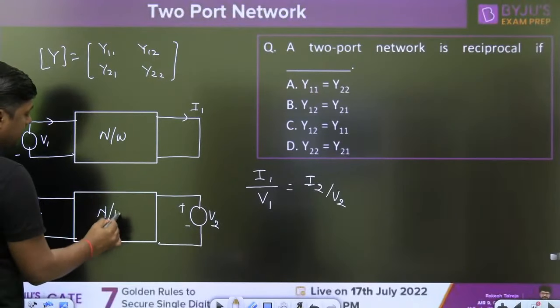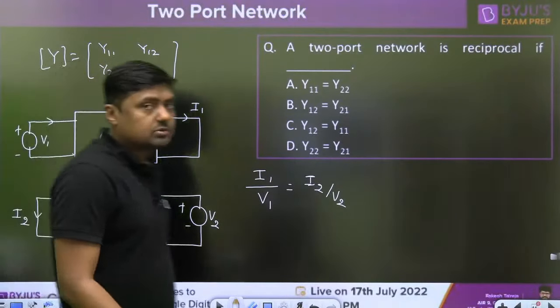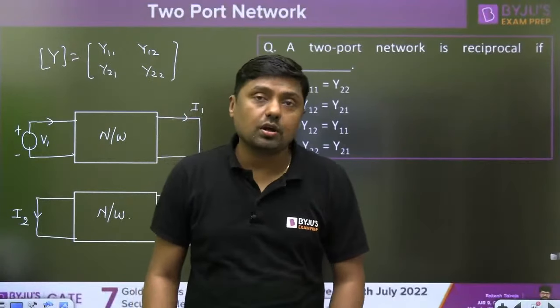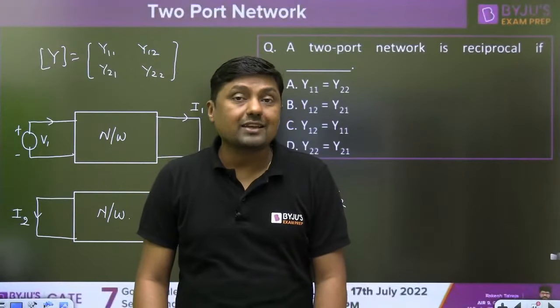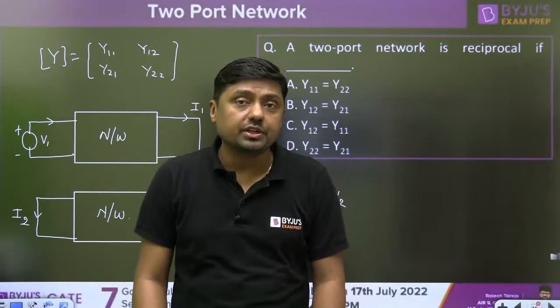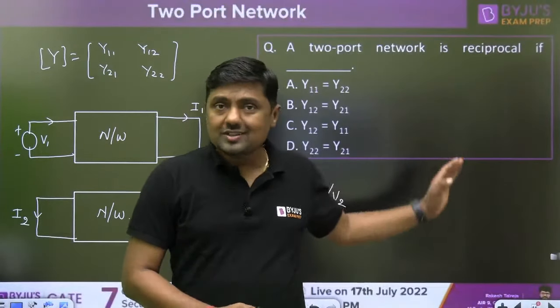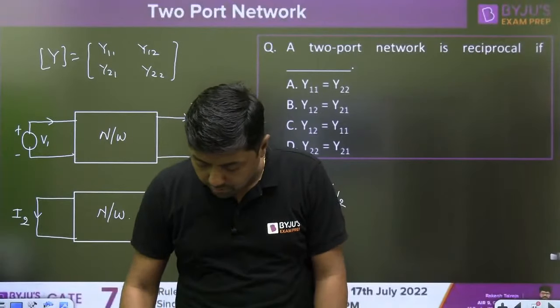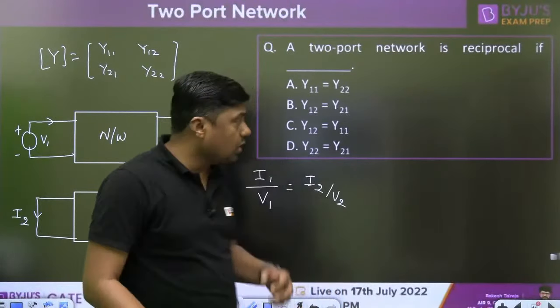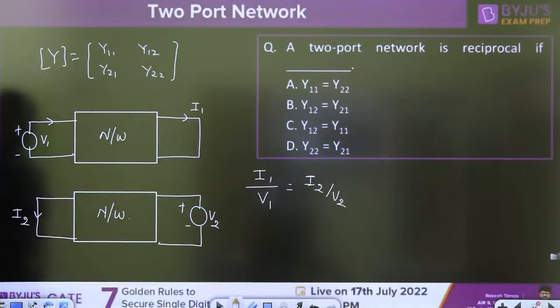Watch my previous lecture on theorems: Thevenin's theorem, Norton's theorem, Tellegen's theorem, maximum power transfer theorem, reciprocity theorem, Millman's theorem, and you will get the idea about the reciprocity theorem. Okay, so tell me, what is the condition for this particular network to be reciprocal? Then what about the Y parameter?